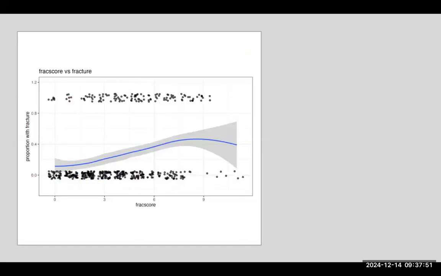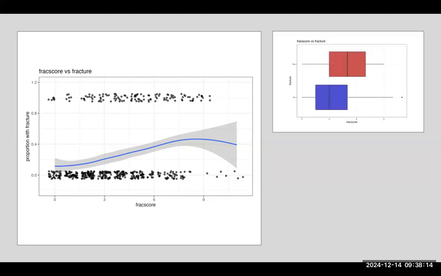Next, I'll take you through some of the numerical variables and trends that I saw. This is the proportion of women with fracture related to the FRAC score. As the fracture score increases, so does the proportion of women with fracture.